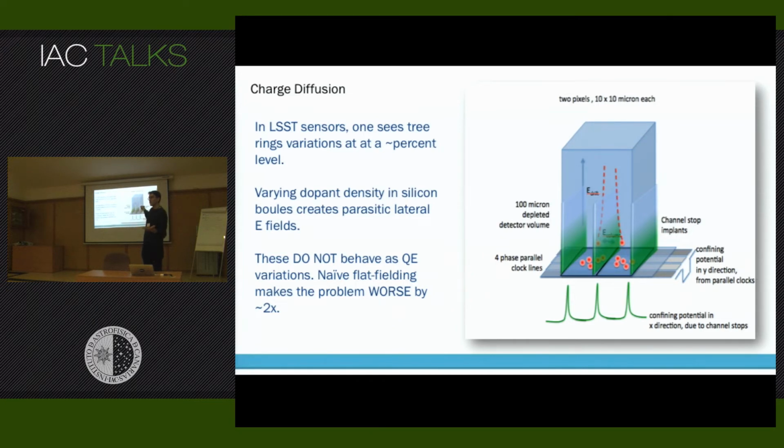Your charge is conserved and you're thinking it's not. So you're overcorrecting one pixel and undercorrecting the other. When you do the math, you realize that flat field actually makes things worse at these levels. So that's another reason why it's important to understand the physics of these things so you can properly do the corrections. Otherwise, you end up doing the wrong thing for about 20 years.